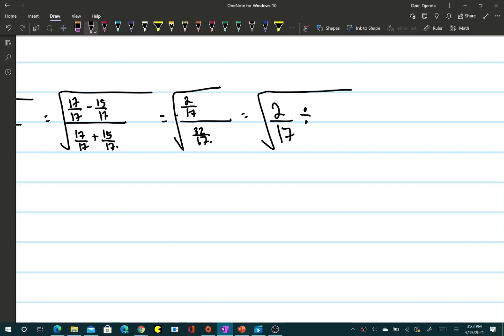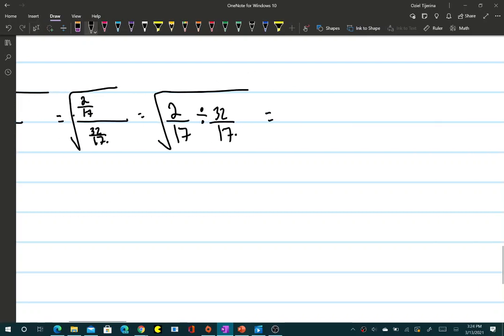So like I was saying, you can do divided by 32 over 17. This would just be the square root of 2 over 17 times 17 over 32. This would cancel out.